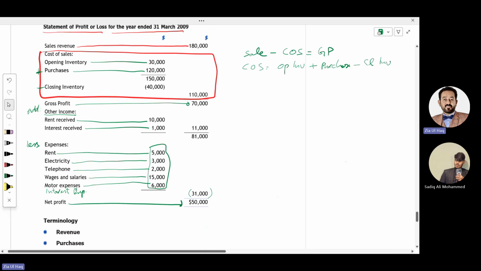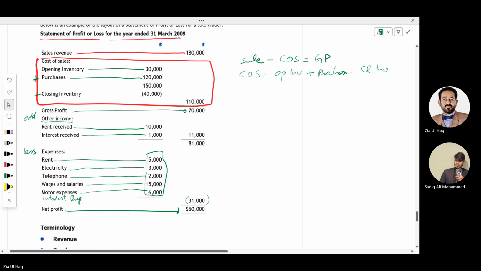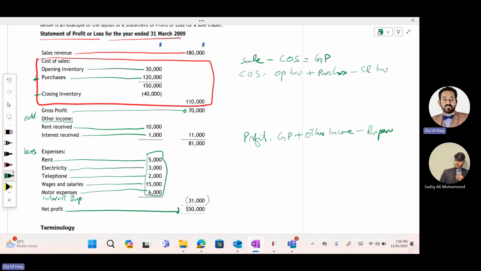So how can gross profit be calculated? Sales less cost of sale. How can cost of sale be calculated? Opening inventory plus purchases minus closing inventory. How can profit be calculated? Gross profit, add other income and deduct expenses.